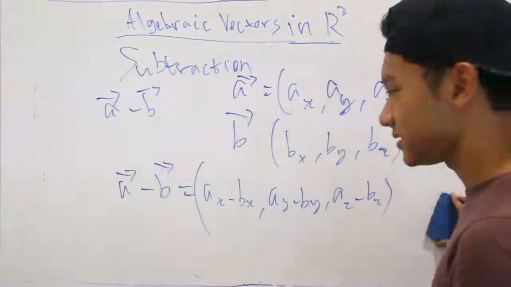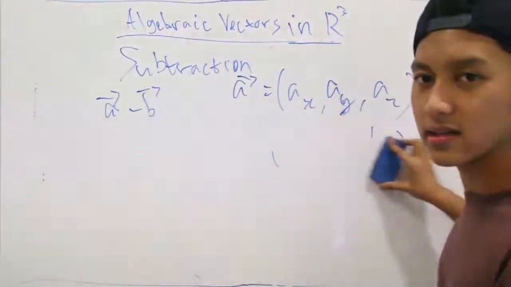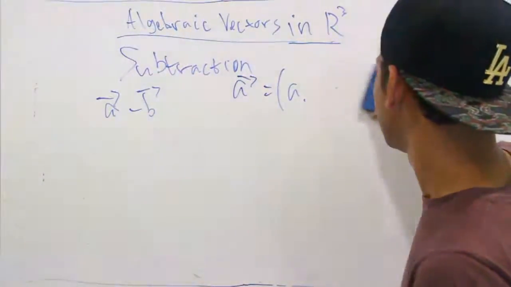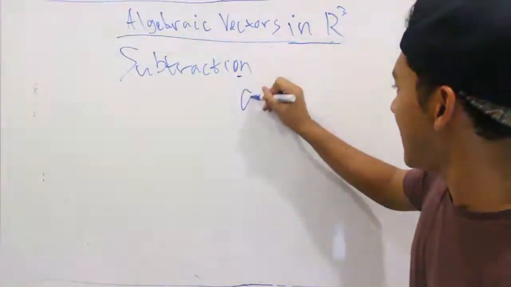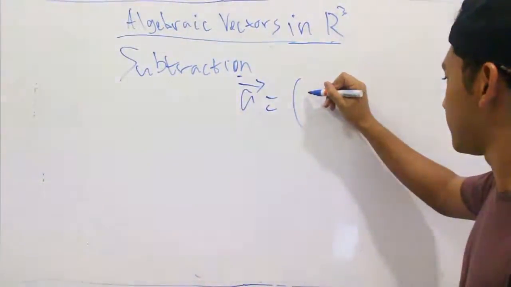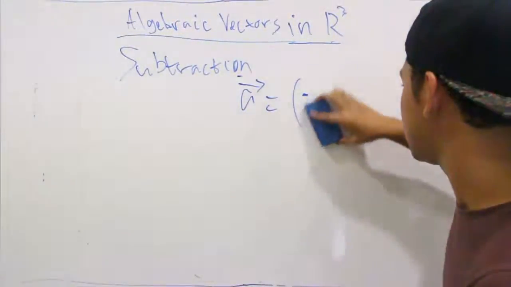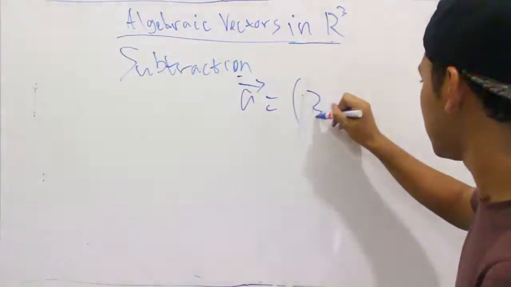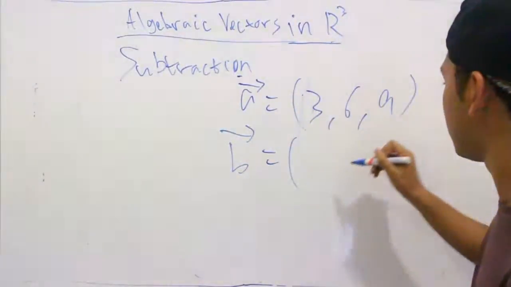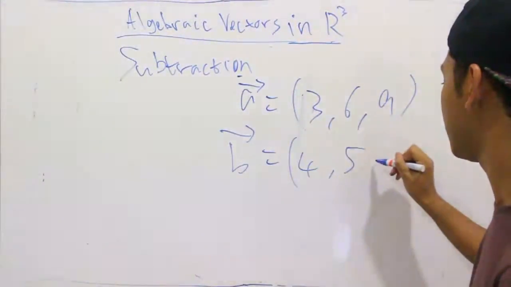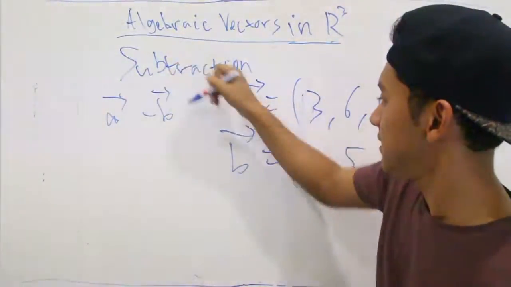Okay, now let's use numbers to make everything easier. Let's say vector A has the coordinates of 3, 6, 9, and vector B has the coordinates of 4, 5, and 6. We want vector A minus vector B.